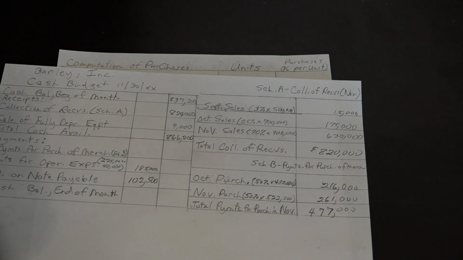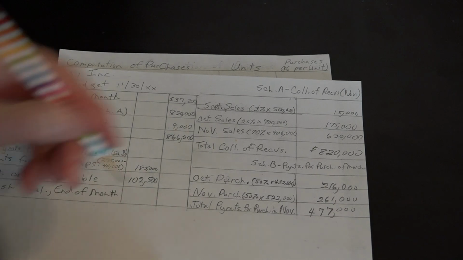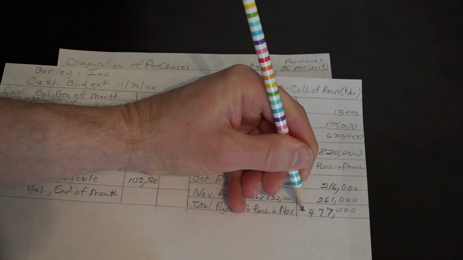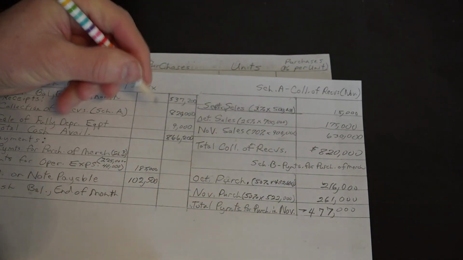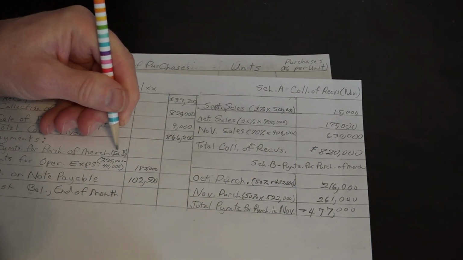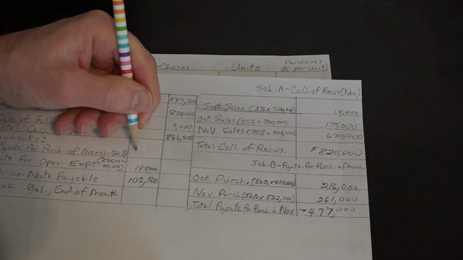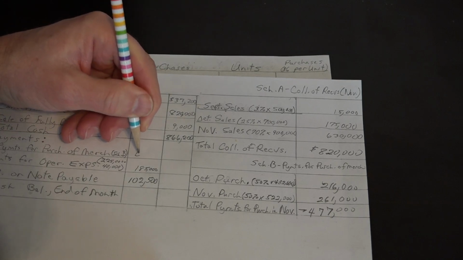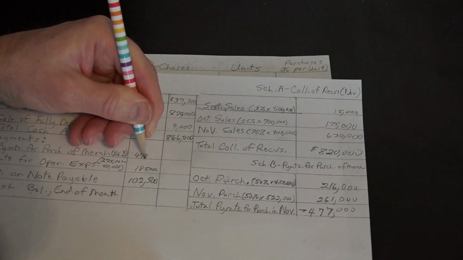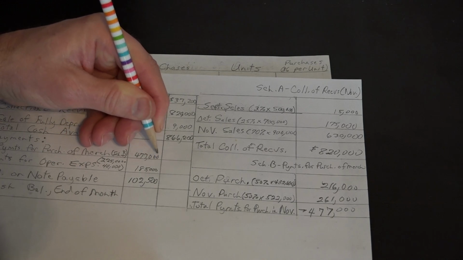All right. So we take this number and simply transfer it over here under payments for purchases of merchandise, $477,000.